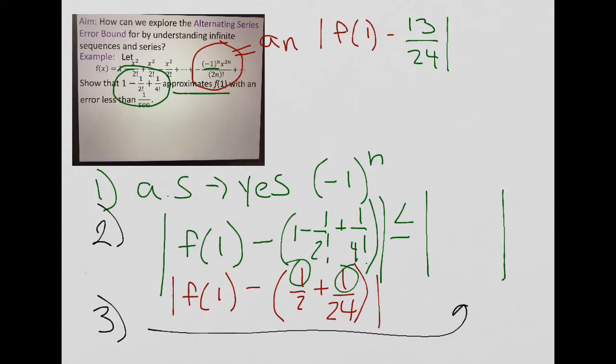So if we have 1 over 1 factorial, that's what it would be there, minus 1 over 2 factorial plus 1 over 4 factorial. Now, this would make sense, except if you look at the denominators, it's 2 factorial, 4 factorial, so maybe it's not 1 factorial.